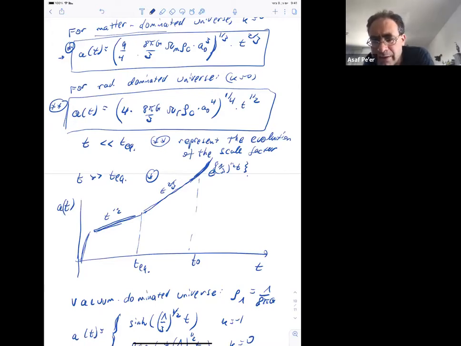I'm not sure that I understand the second comment that was written here, since all the stars would blow up. The stars would not blow up. One thing to remember is that we are talking about a metric which represents the universe as a whole. It is not valid for single stars, of course. When we speak about single stars or single objects, the valid metric is the Schwarzschild metric, or the extension of it to Kerr for rotation. That's called the Kerr metric. This solution is valid for very large scales, so scales of clusters of galaxies and above.